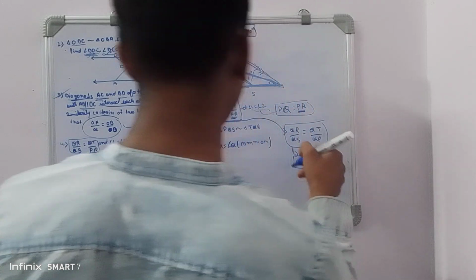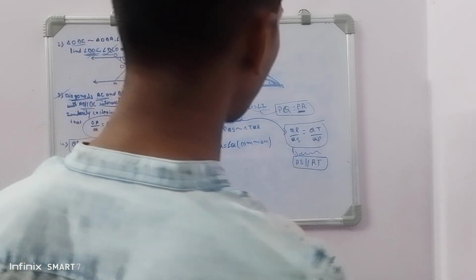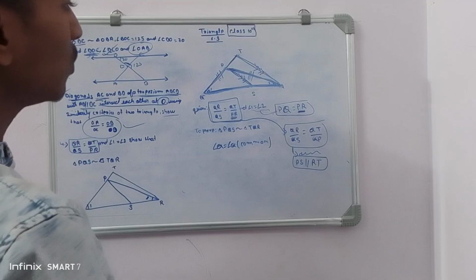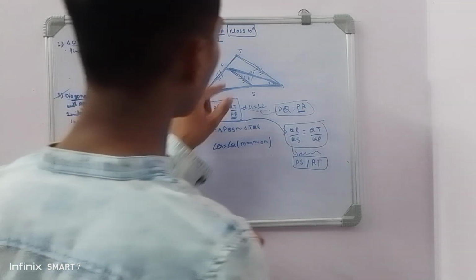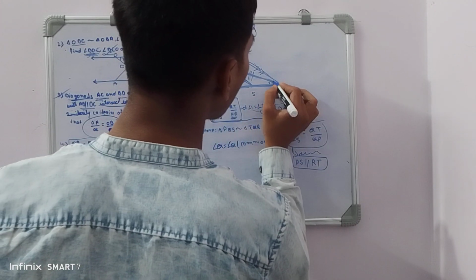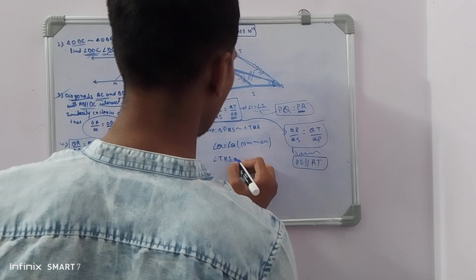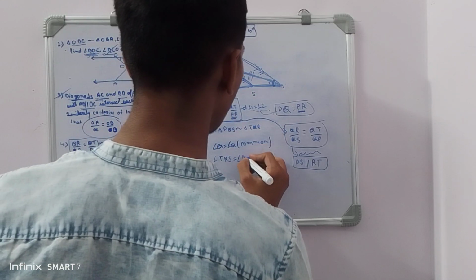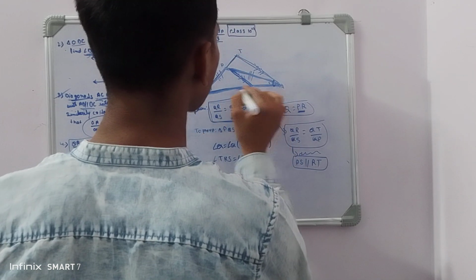Now as we understand that PS is parallel to RT, what other thing can you say? When you get that PS is parallel to RT, this angle TRQ is going to be equal to angle PSQ.